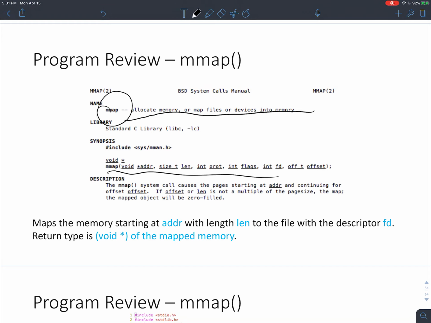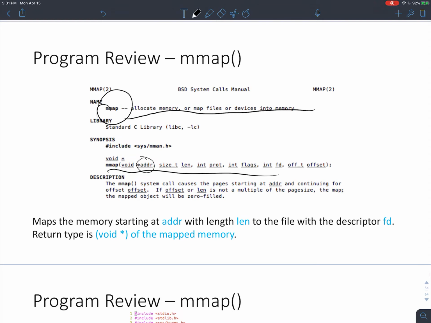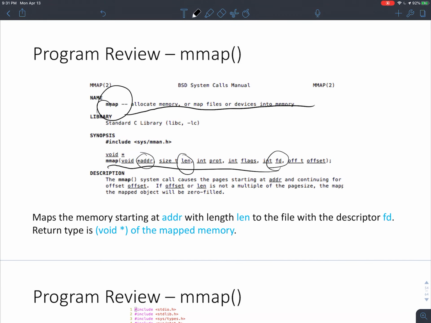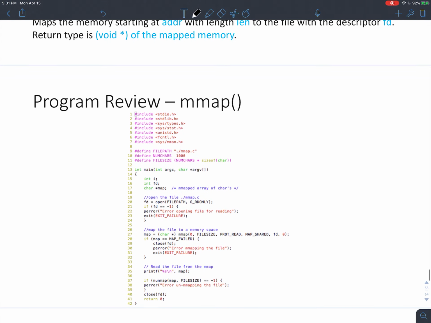This function takes 6 parameters. ADDR means the address of the memory we want to map, and then there is the length of the memory. For prot you can skip that, and flags you can also skip. FD means the file descriptor, or you can take it as the file ID, and offset means starting from which place of this file you want to map with the memory.